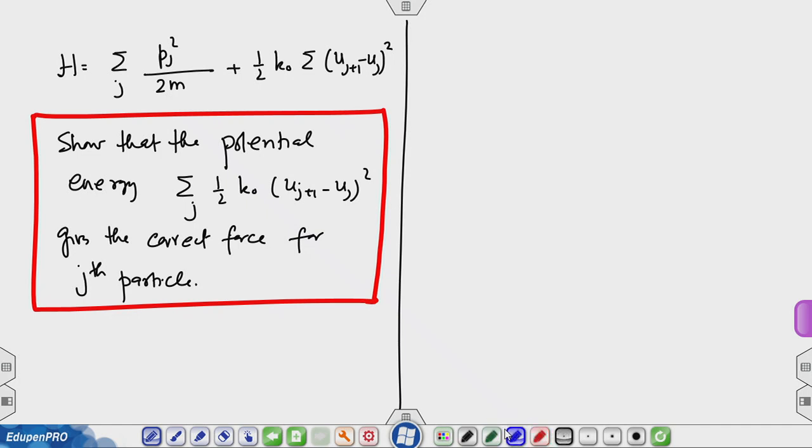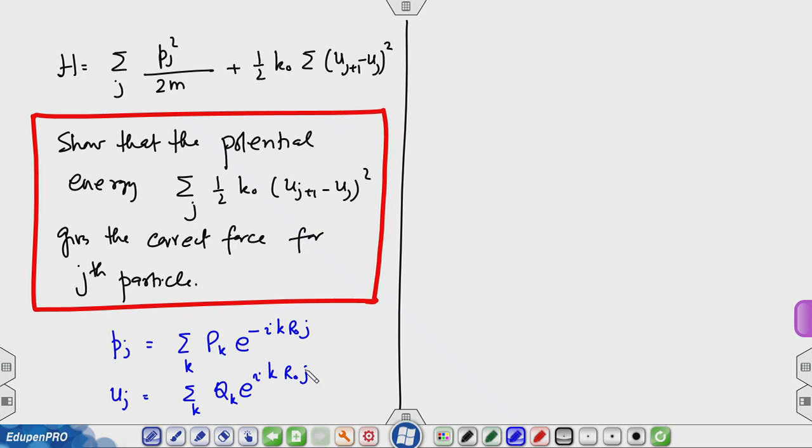So, now what we can do is I substitute p_j equals summation over k of p_k e raised to, remember the sign is opposite, minus i k r_0 j, and u_j equals summation k q_k e raised to i k r_0 j.